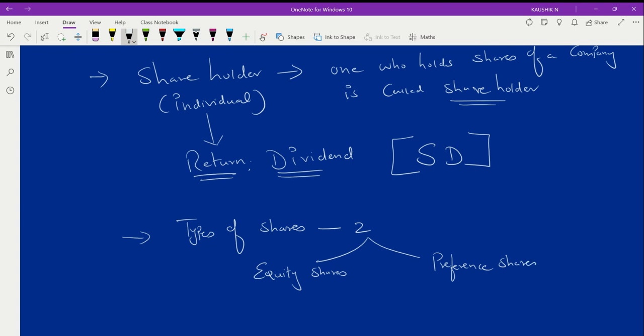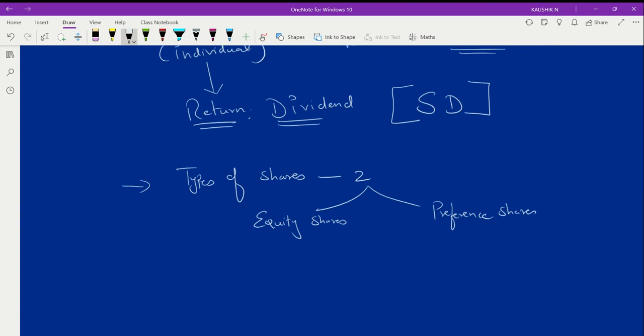So the one who has got the equity shares of a company is called an equity shareholder, and those who are holding the preference shares of a company are called preference shareholders. Equity shares are also called ordinary shares, whereas we don't have any other name for preference shares.